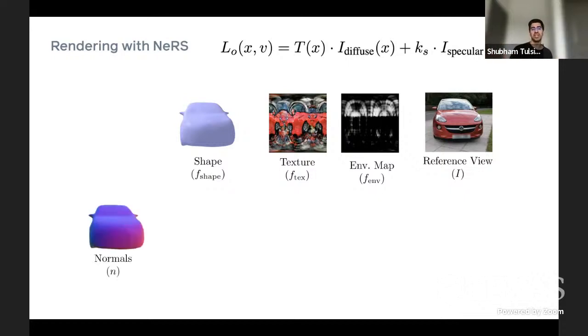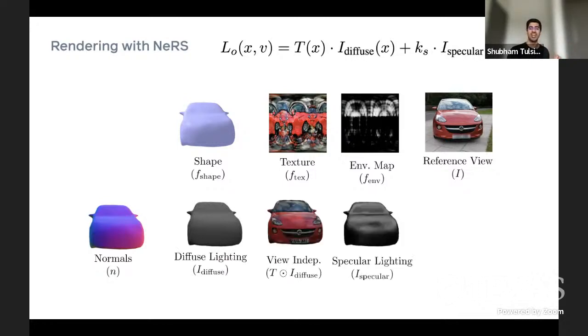Given these, we can compute the geometry or the surface normals from this particular camera viewpoint, and using the surface rendering equations, which I'm glossing over, compute the output radiance, or the per-pixel appearance.